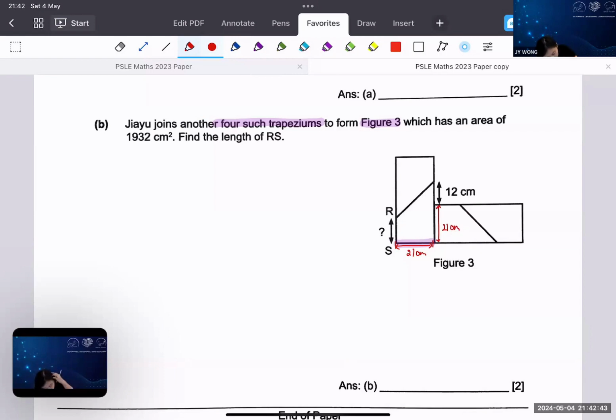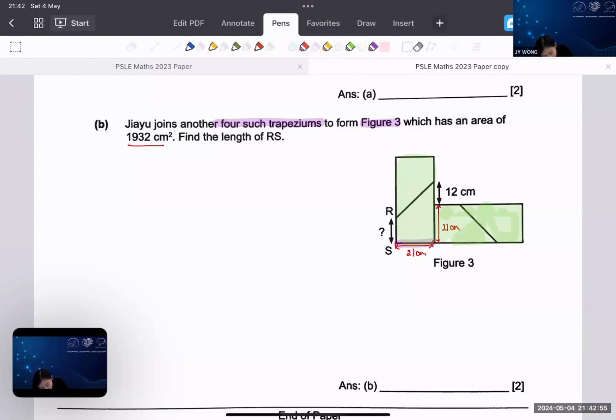They tell you that the area of figure 3, that means all of this, is 1932. So what you can do, I don't know whether you can see this, okay? You should see that 2 trapeziums form 1 rectangle, and there are 2 identical rectangles here. Can you all see that?